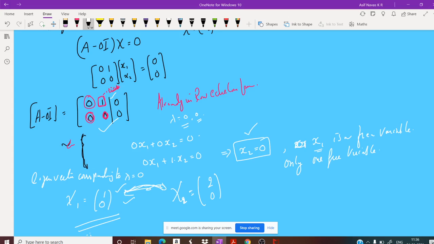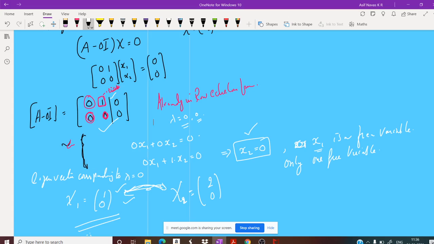So if you have repeated eigenvalues, there may or may not be two eigenvectors. There may be one eigenvector or two eigenvectors.